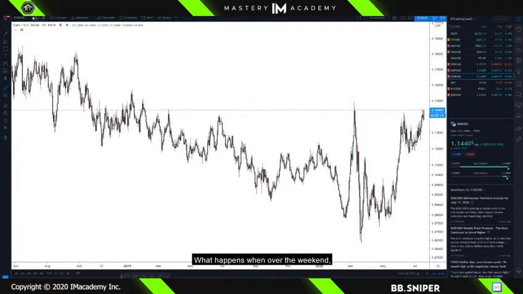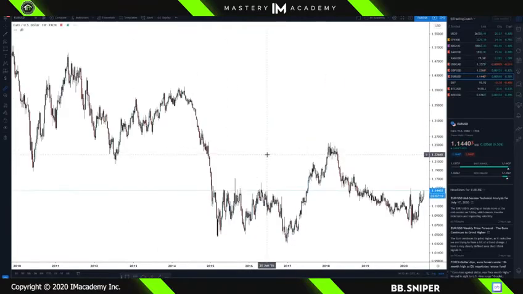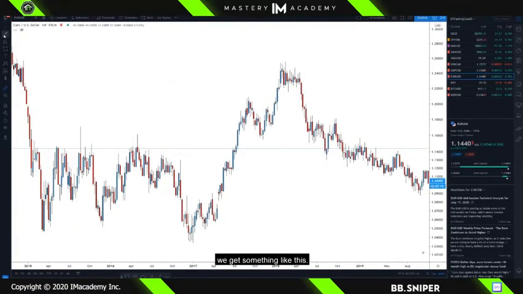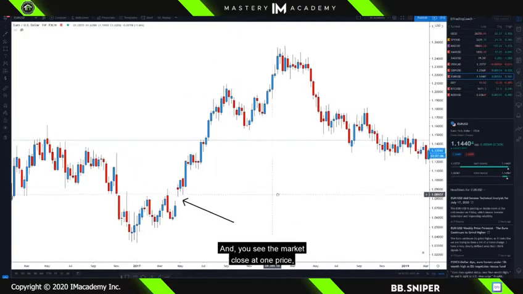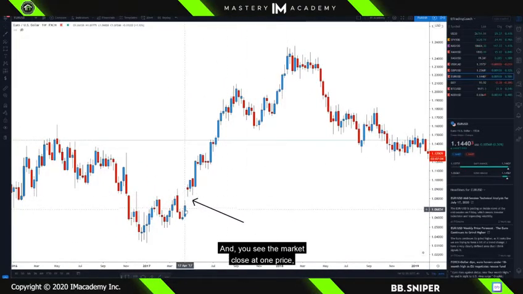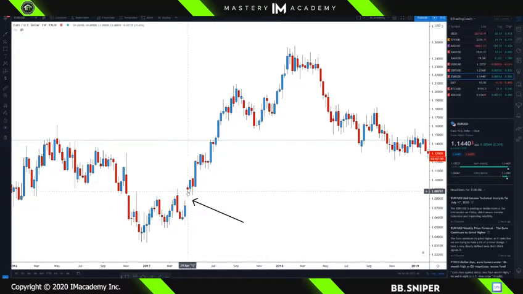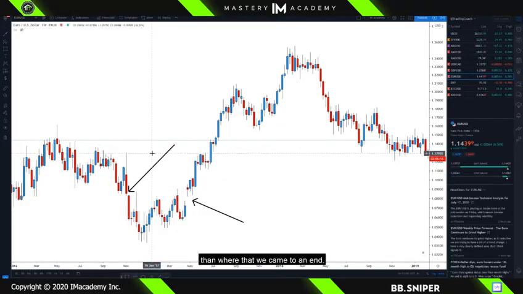What happens when over the weekend we get something like this? And you see the market close at one price and gap higher or gap lower than where that week came to an end.